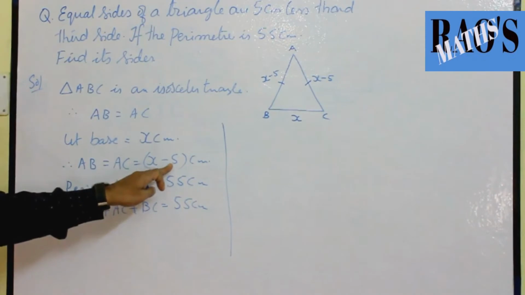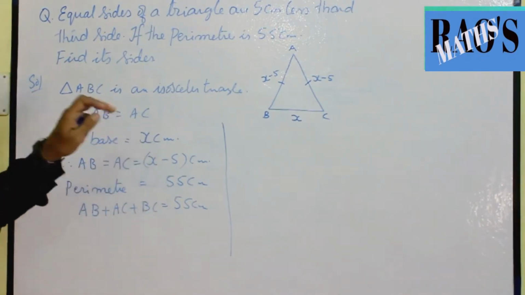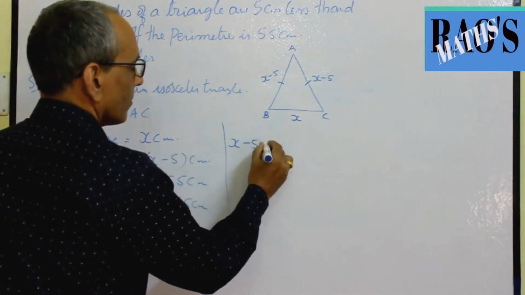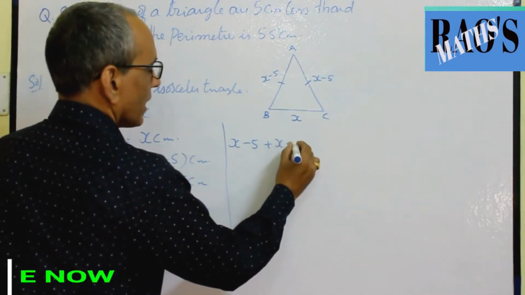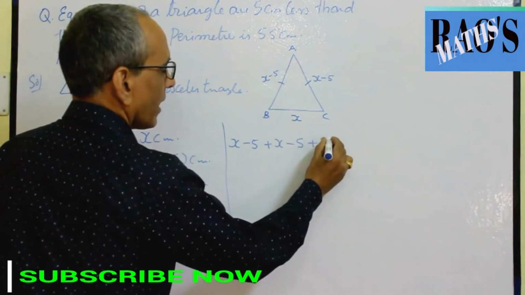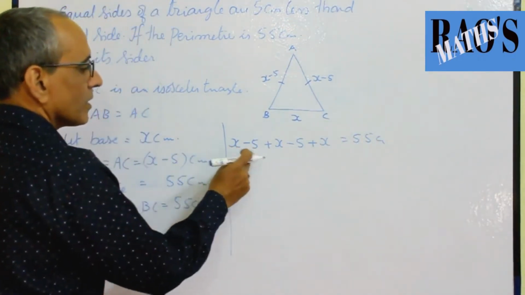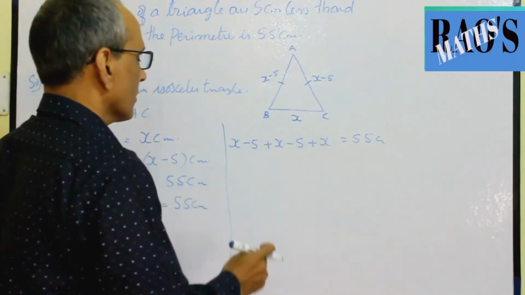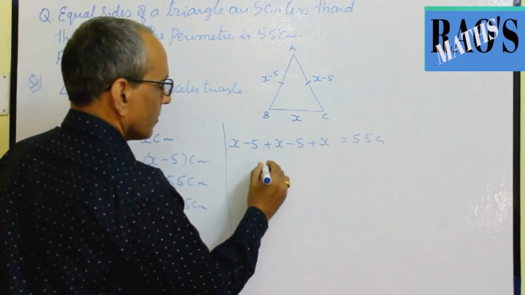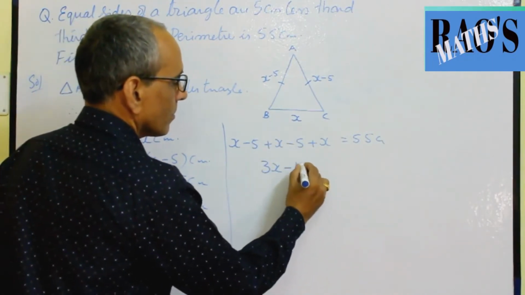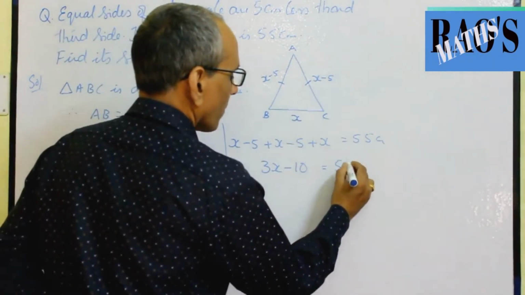AC also x minus 5 and BC is equal to x. I write x minus 5 plus x minus 5 plus x is equal to 55 centimeter. First side, second side, third side. The sum of these is 3x minus 5 minus 10, which is equal to 55.